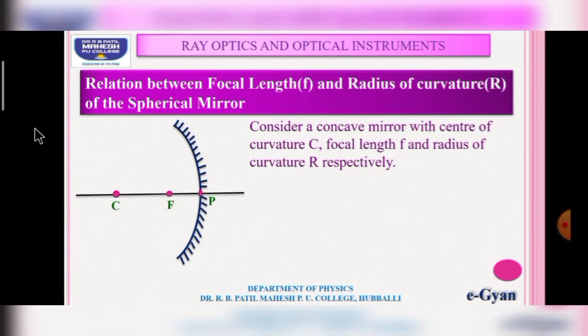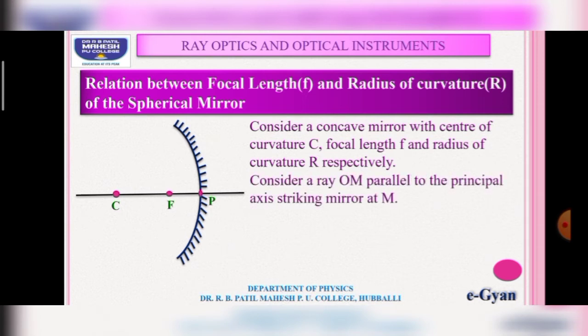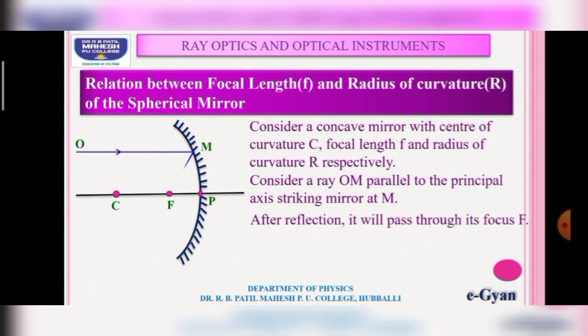Now consider a parallel ray striking the mirror at point M, and after reflection it passes through the principal focus. See, this ray is parallel and coming from infinity, and after striking the mirror it passes through the principal focus. This OM is called the incident ray and MF is called the reflected ray.